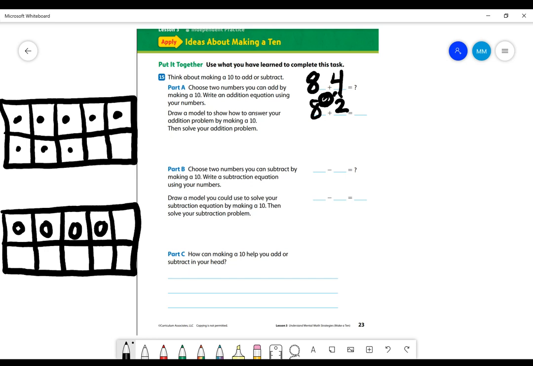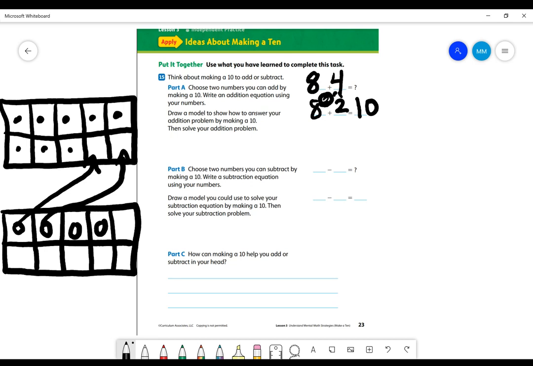Now, this is where creating a picture in our head is very helpful. So in my picture, I have 8 and 4 spread apart into two 10 frames. So when it's asking for us to make a 10, it wants us to picture 10 frames in our head. So in 8 plus 4, I can move 2 to make a group of 10.